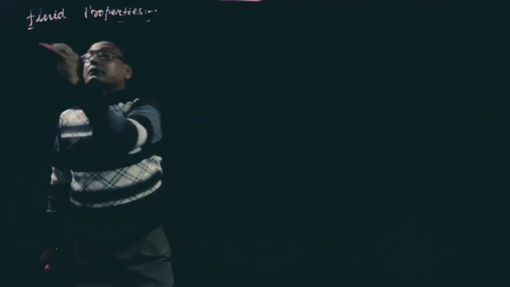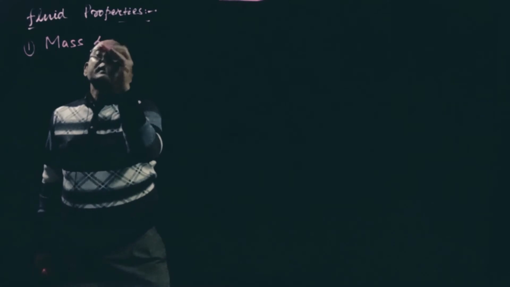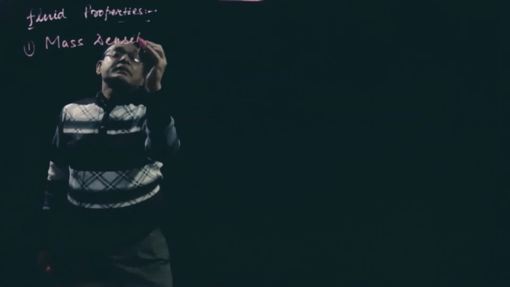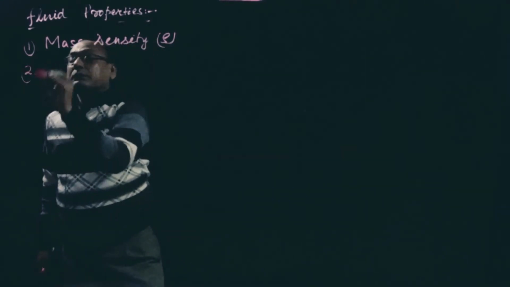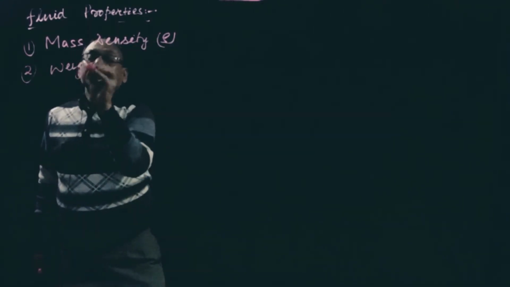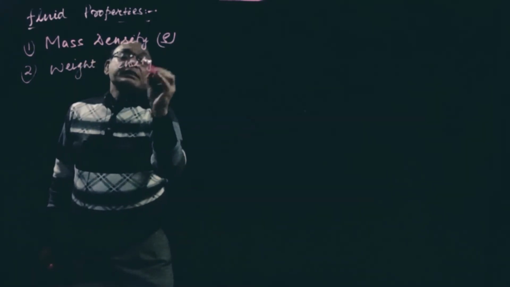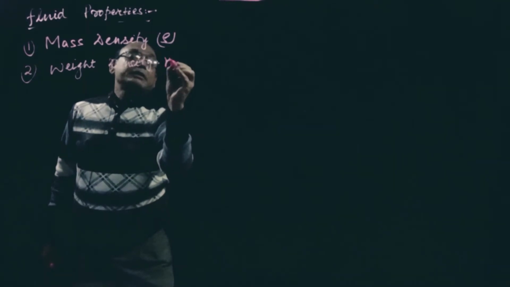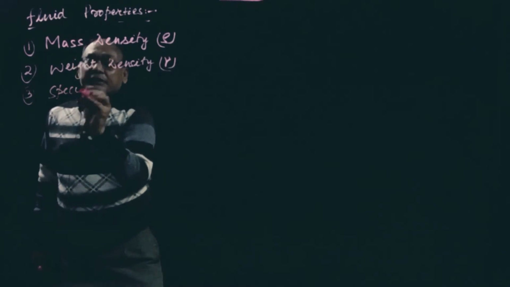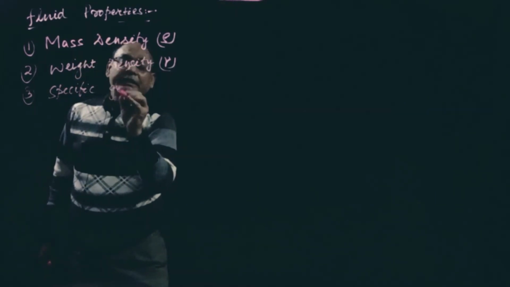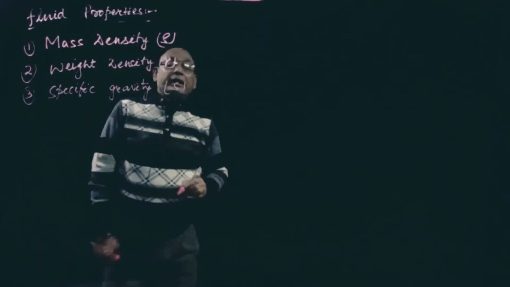First of all will be mass density, which is denoted by rho. Number 2, weight density, denoted by gamma. Then specific gravity, denoted by Fs.